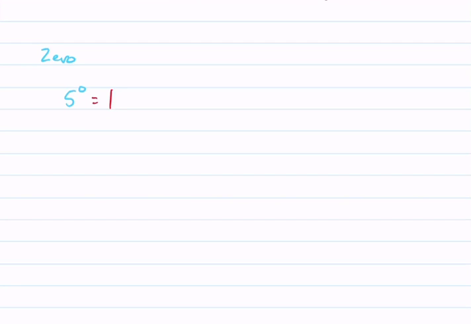For us to get an exponent that equals 0, we're basically dividing two bases. So let's say 5 to the power of 2 divided by 5 to the power of 2. Well, when we're dividing bases that are the same, we can just subtract the exponents. So this would be 2 minus 2, which equals 5 to the power of 0.